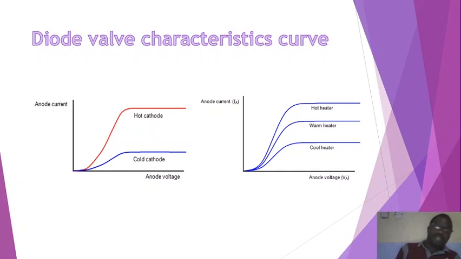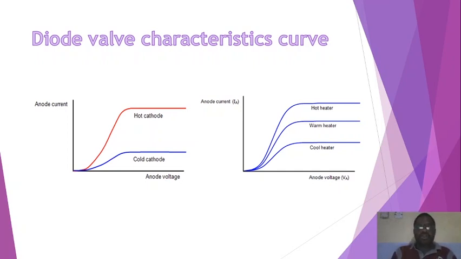So if you look at the curve, you see that in the cold cathode, the saturation current is less than in the hot cathode. That is why the hot cathode is used mainly for what?